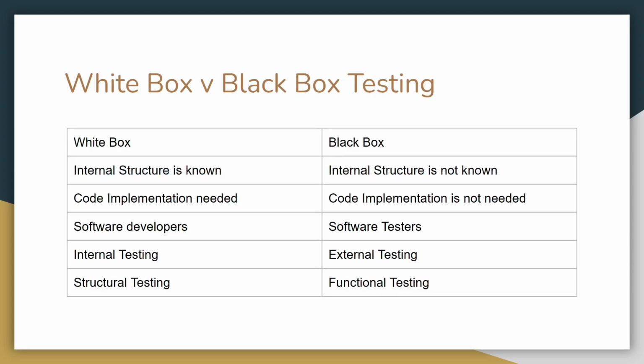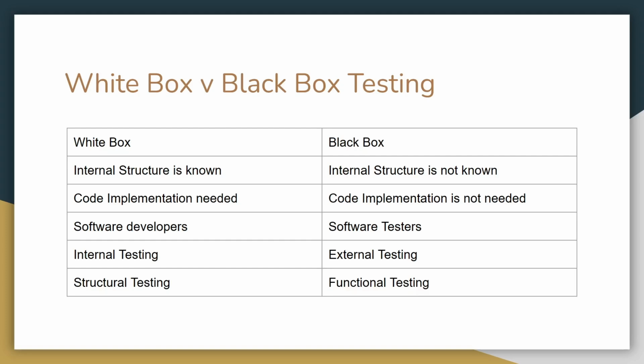And so two types of software testing, and two techniques specifically, are white box testing and black box testing. White box testing is basically done at more of a developer level, where the internal structure is known, and code implementation is needed for them to white box test it.